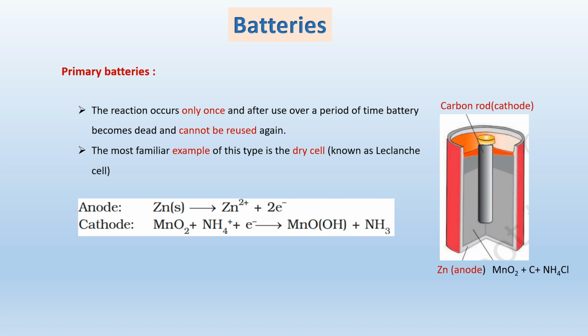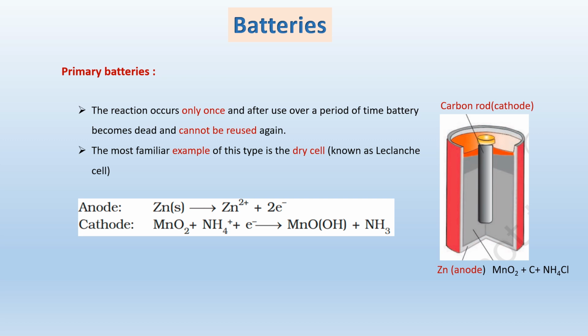The typical example for the primary battery is the dry cell battery. That is, the clock battery is a dry cell battery. Coming to the components of the primary battery, zinc acts as the anode and a carbon rod acts as the cathode, and in between, manganese oxide, carbon, and ammonium chloride act as a paste between the anode and cathode.